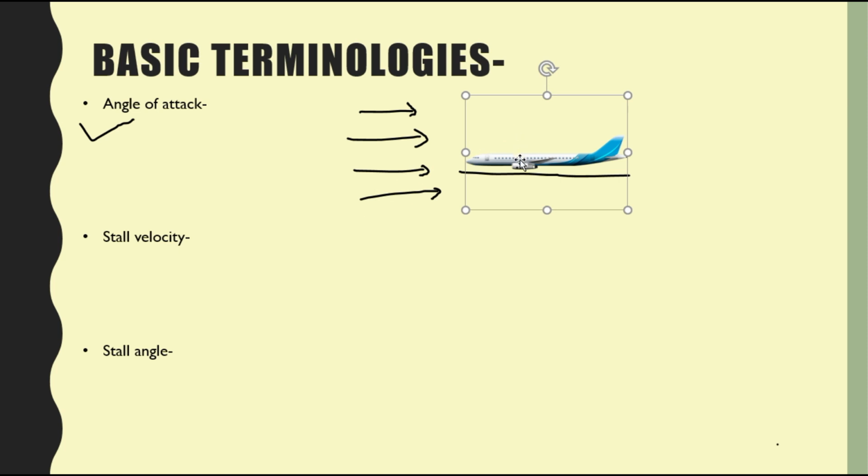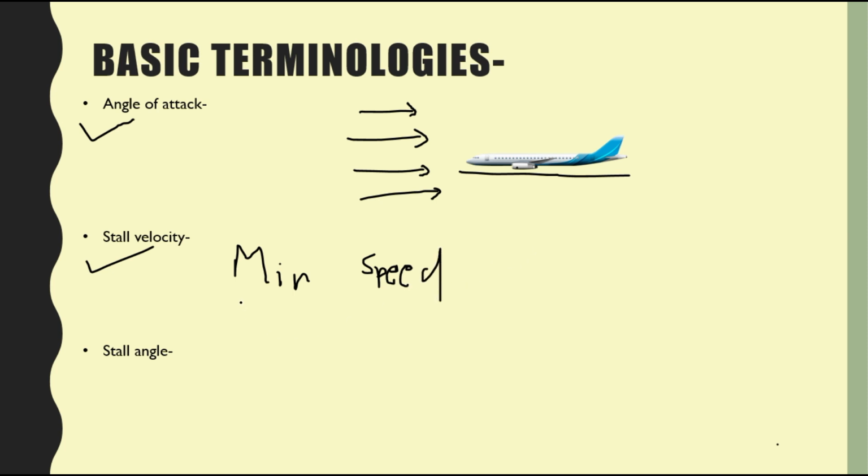Now let's talk about the stall velocity, also known as the stall speed. Now the stall speed is basically the minimum speed. It is the minimum speed required for the aircraft to fly. So if the aircraft is moving below that speed, it won't fly.